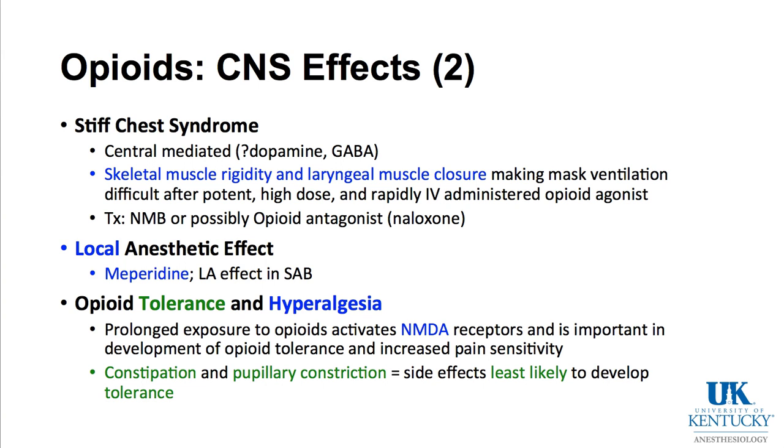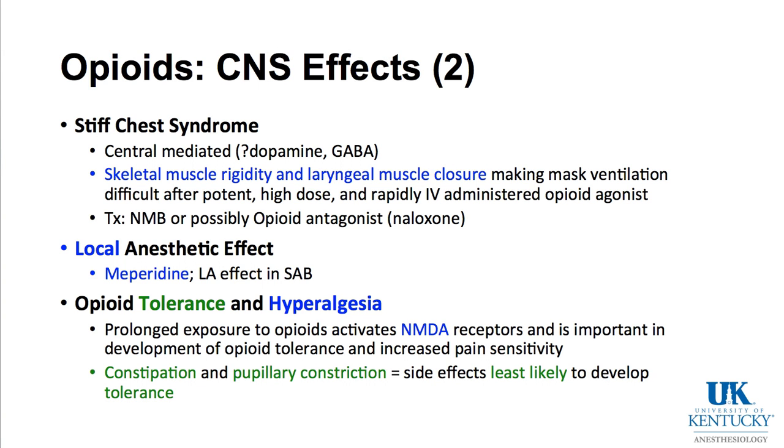Opioid tolerance and hyperalgesia. Prolonged exposure to opioids actually activates NMDA receptors, and that's probably important in the development of opioid tolerance and the hyperalgesia that can occur in these chronic opioid-using patients.